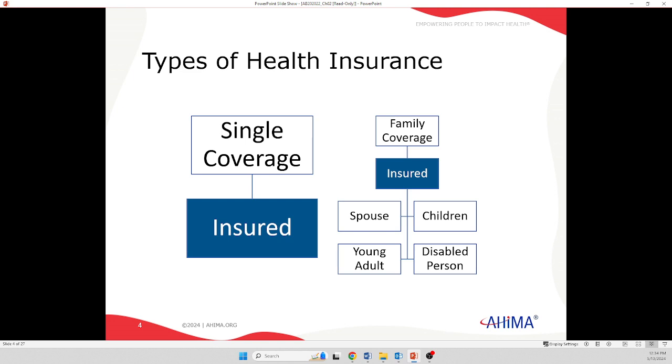As far as the children, it is natural as well as adopted, and that's usually up to age 26. Family coverage usually costs more. It's important that you know who can be covered with family coverage. With the disabled people, there are certain requirements that are covered, and that would be listed in your insurance policy.